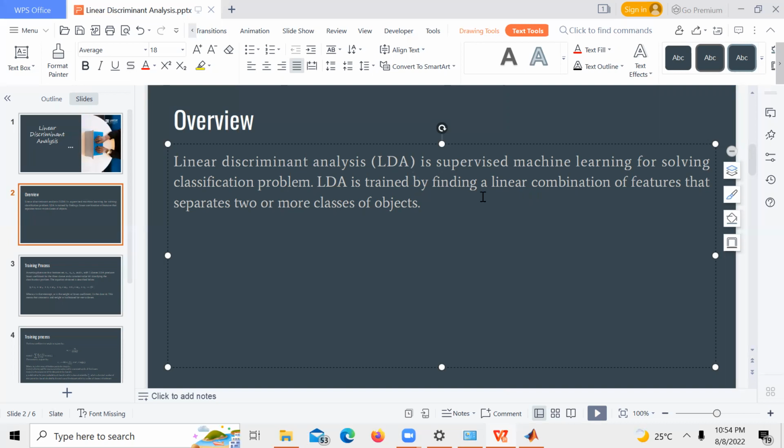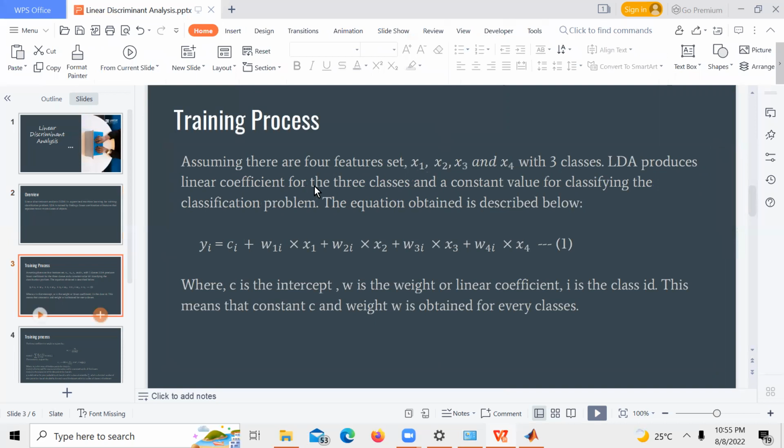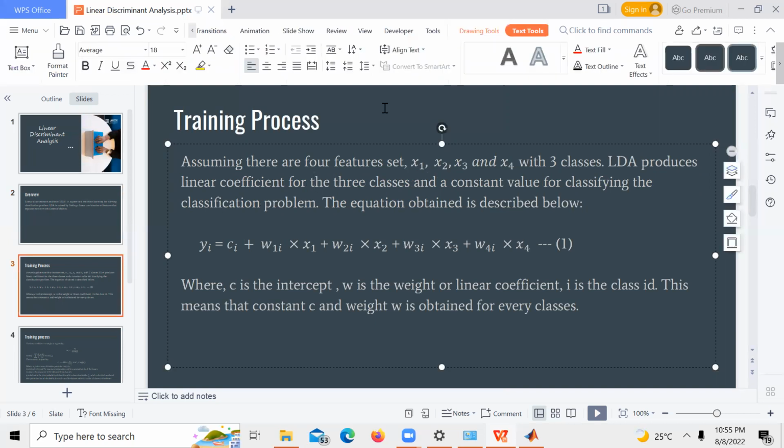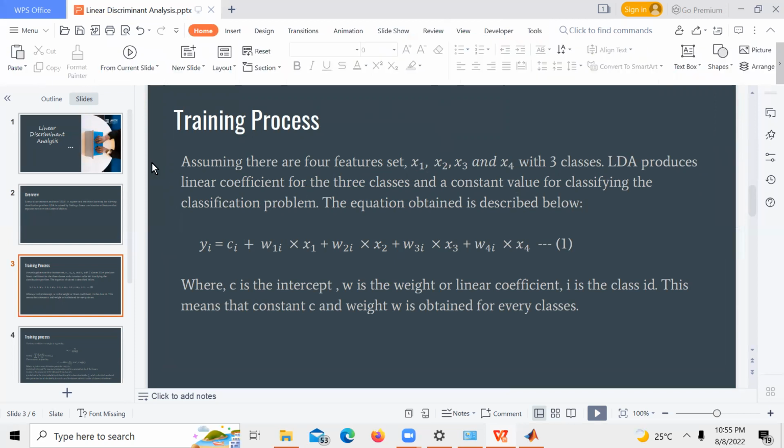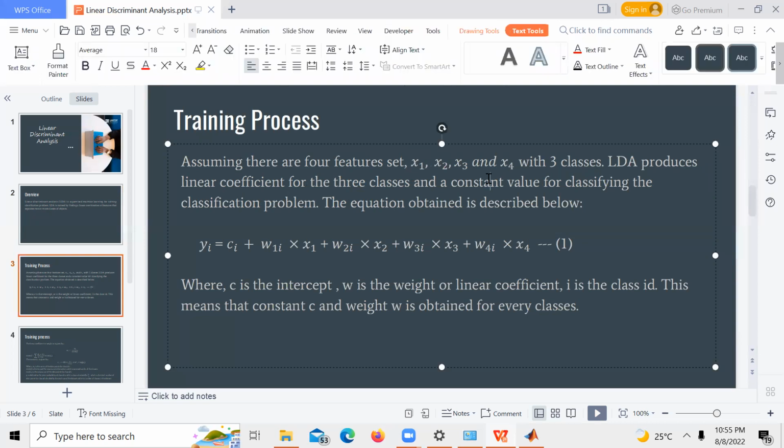Looking at this definition, I'm trying to say that we have a combination of features for each class. So let's proceed to the training process. In the training process of LDA, we try to estimate a constant and weights for each class in the data set. Let's say we have a data set with 4 features, X1, X2, X3, and X4, and 3 classes.